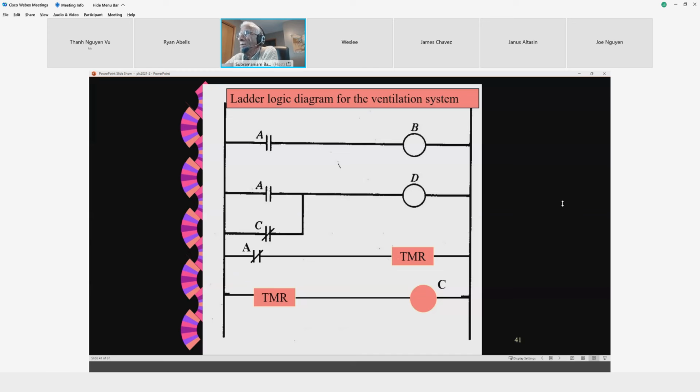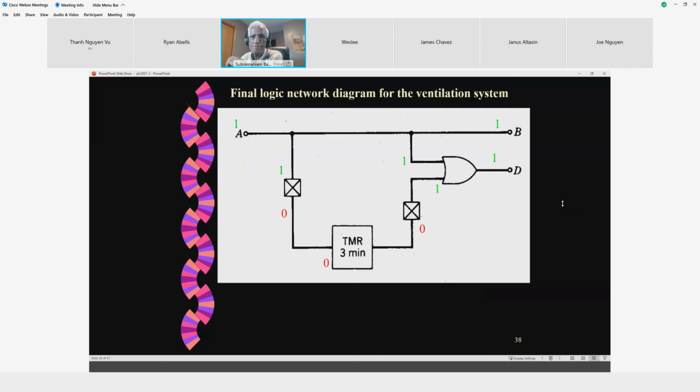Okay, what happens to the timer? Timer switch on. Because in the logic I have incorporated a not. Remember? Going back to this logic, A is connected to a NOT circuit. So that's what we are incorporating in the ladder.